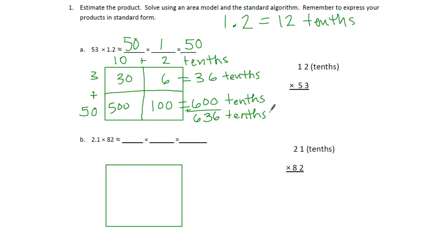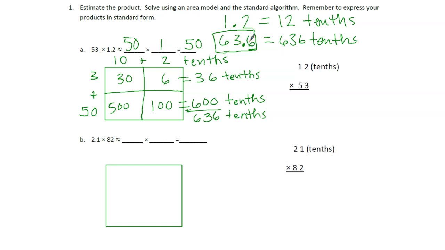So I know that this is equal to 636 tenths. Now I have to write my product in standard form, is equal to 636. And this 6 has to be in the tenths place, so that means my decimal is going to be between my 3 and my 6. My 3 is in my ones place and my 6 is in my tenths place.